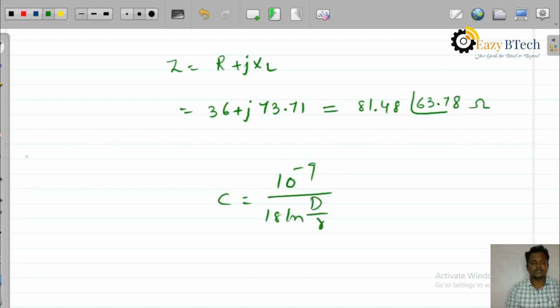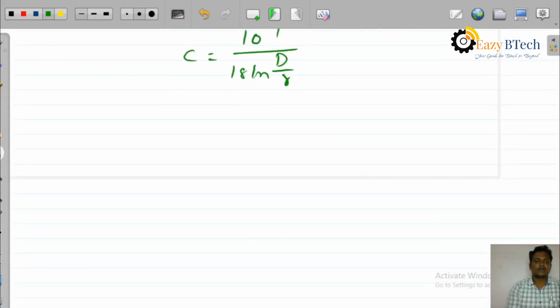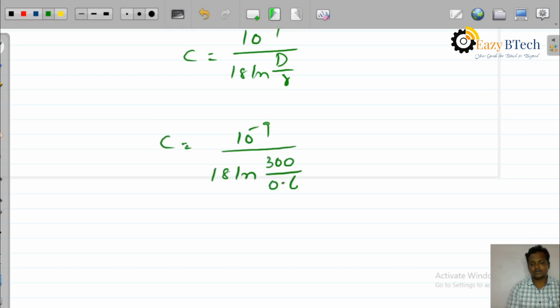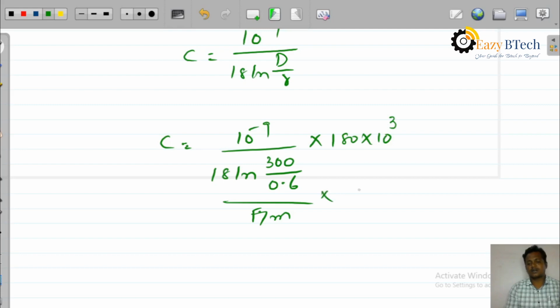The capacitance formula, you know, is 10 power minus 9 divided by 18 ln D by r. Therefore C equals 10 power minus 9 divided by 18 ln, where D is 300 and r is 0.6, for 180 kilometers, which is 180 into 10 power 3 meters. We can get C equals 1.609 microfarad.